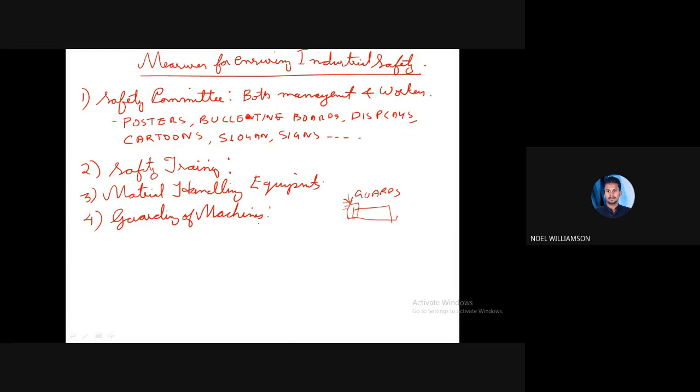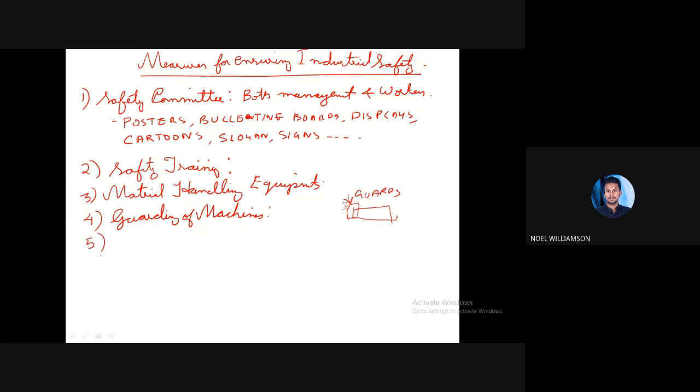So in order to prevent access to these zones, already we know we should not move our hand or our body parts towards the danger zones, but sometimes it may happen. So in order to avoid this inconvenience or to avoid the accident from happening, we can provide the guarding. That is the fourth point.